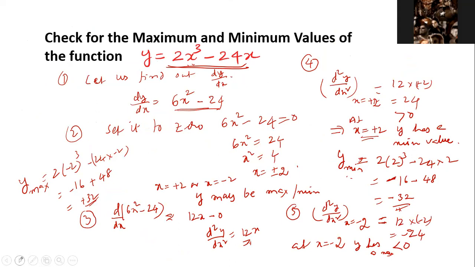Yes, Mokshagya. It is 2 into 2 power cube minus 24 into 2, no, sir? In that, is it minus 16 or only 16, sir? You need to tell me. If I write 16 minus, if I write minus, will you write minus?